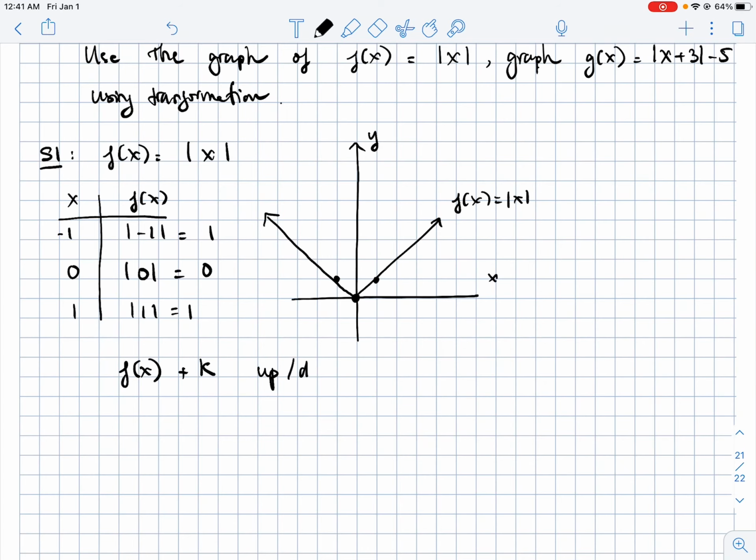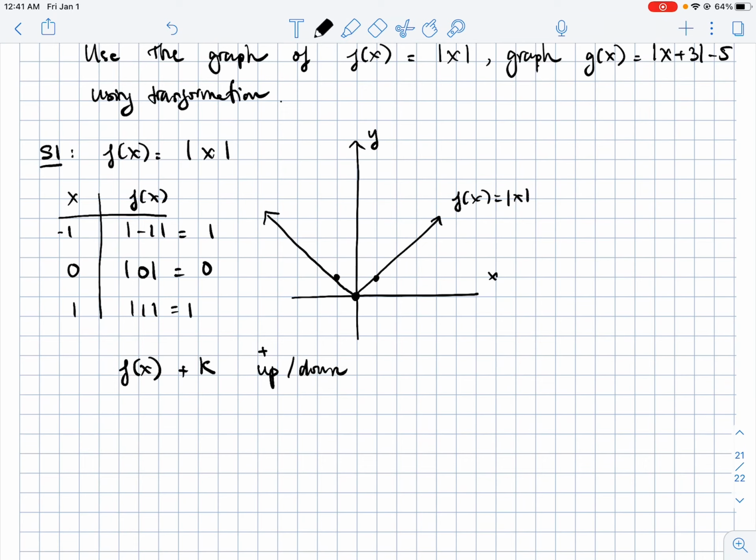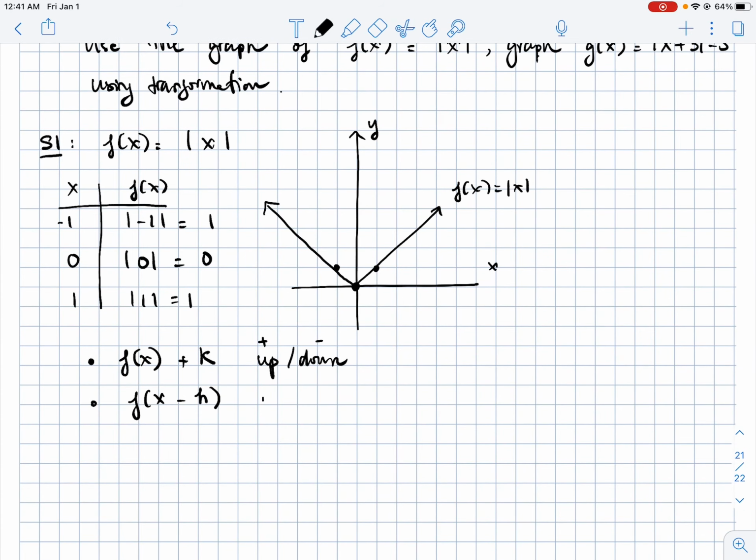Before we do the transformation, let's review. If we have f of x plus k, then k tells you up or down. If it's positive, it's up, and if negative, it's down. In the book, we use the minus: f of x minus h.